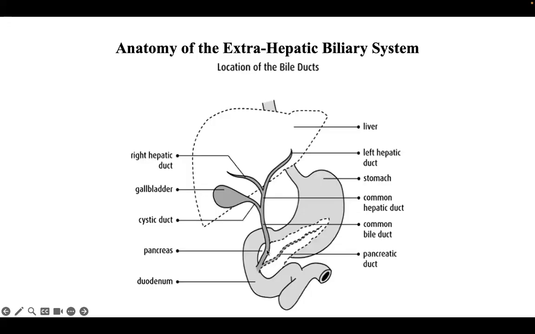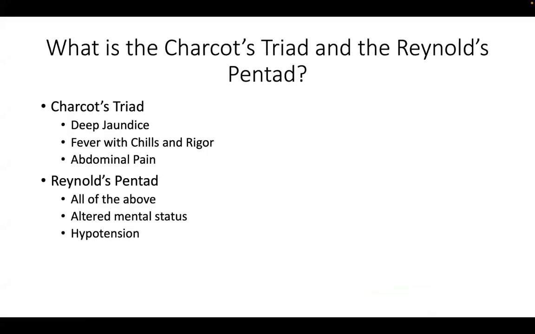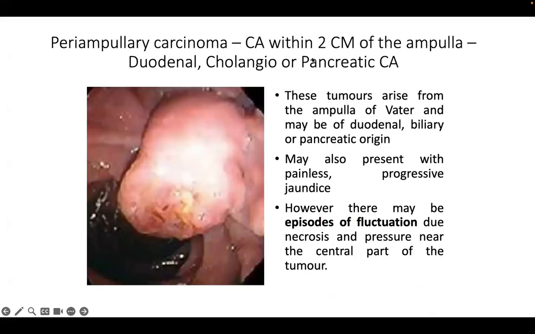If you draw a 2 centimeter circle here, it will include duodenal carcinoma, carcinoma of the pancreatic head, as well as cholangiocarcinoma.